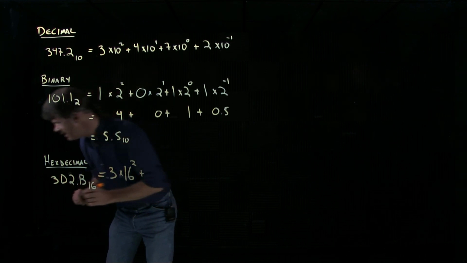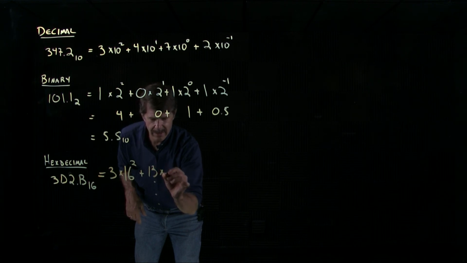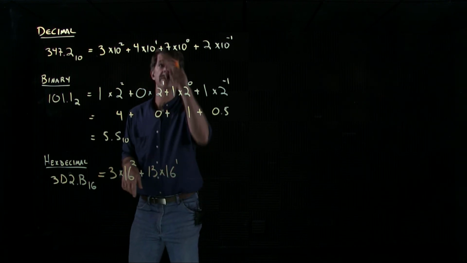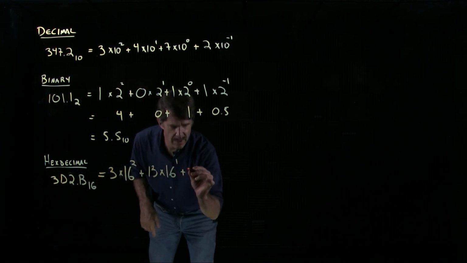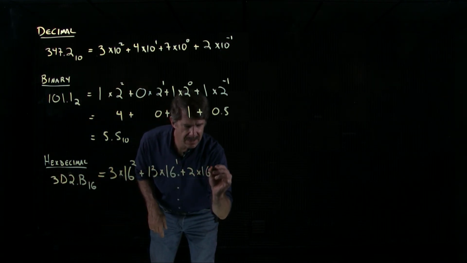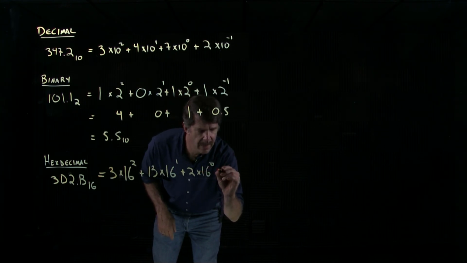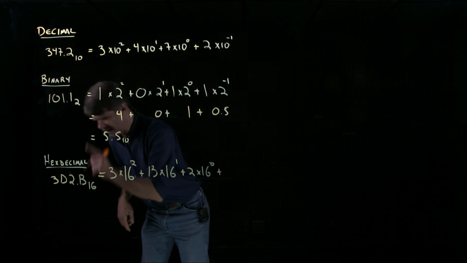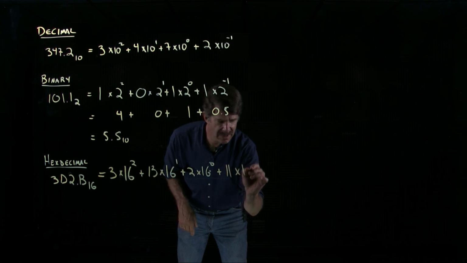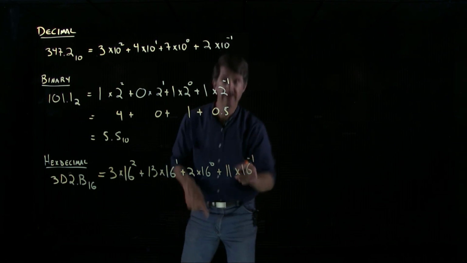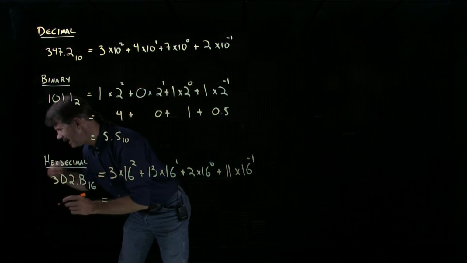This is D, and D is 13 in base 10, times 16 to the 1, because this is the 1 power position, and then 2 times 16 to the 0, which of course is just 1, plus B, which we agreed was 11 after I messed up, 11 times 16 to the minus 1. Same pattern as we had before. And now let's write this out in decimal.